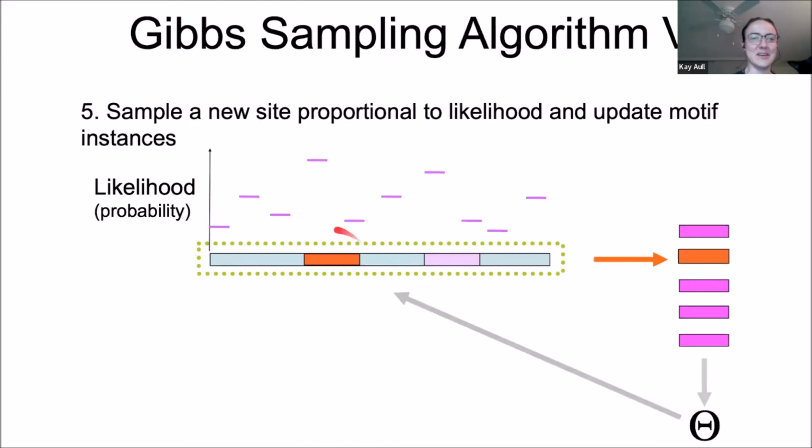And you take a new site, and you want to make it proportionally more likely that you pick a good target. You overweight the ones that score highly versus the ones that don't score. Like all evolutionary processes, you want to take most of your probability from the good ones, but you don't want to get stuck.